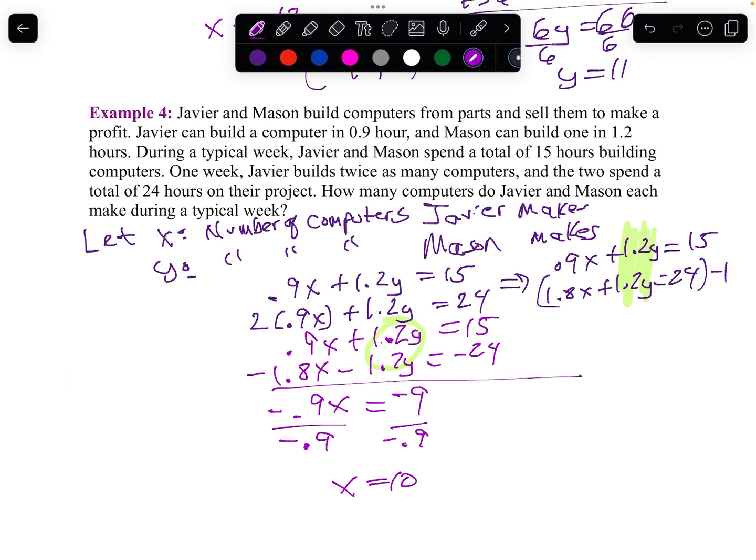Now, let's go back and find out how many Mason makes. I'll use my first equation. So I'll say 0.9 times 10 plus 1.2y equals 15. 0.9 times 10 is 9.